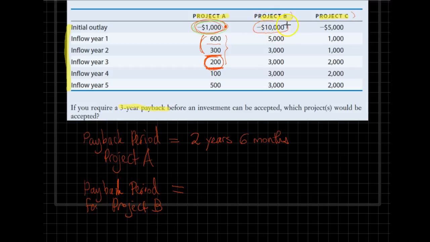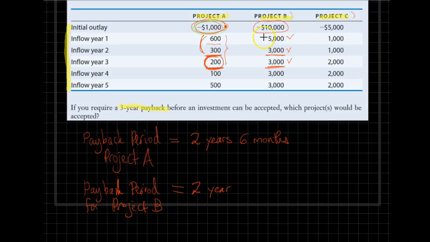Project B requires an initial investment of $10,000. 1 year is not sufficient. 2 years aggregate, we accumulate $8,000, still not sufficient. How about 3 years? The combined cash flows in 3 years would be $11,000, so more than sufficient. So 2 years is not sufficient, but 3 years is more than sufficient. Therefore we should say 2 years and several months.